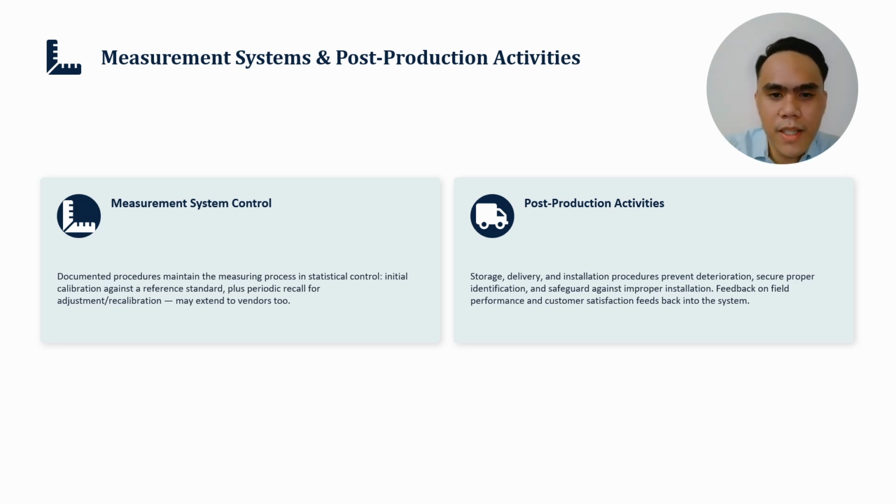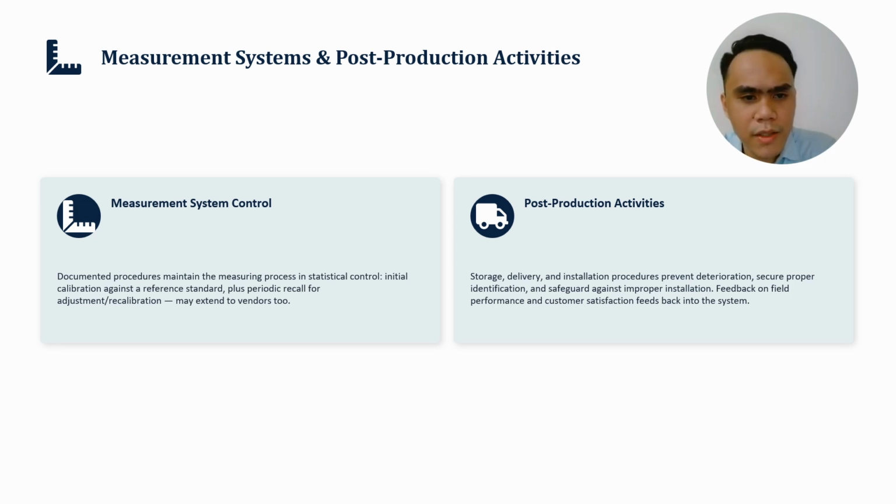Documented procedures should be established and maintained to keep the measuring process in a state of statistical control. The procedure includes the initial calibration against a reference standard, as well as periodic recall, adjustment, and recalibration. And this may be extended to all vendors too, not just internal equipment, since a vendor's miscalibrated gauge is just as risky as your own.